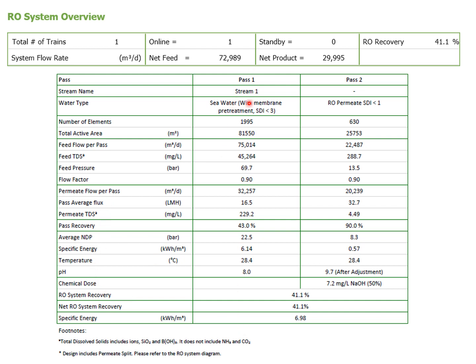Pass 1, how this value changed. Pass 2, how this value changed, the overall system recovery, and then specific energy. So how much energy we consumed from this information.